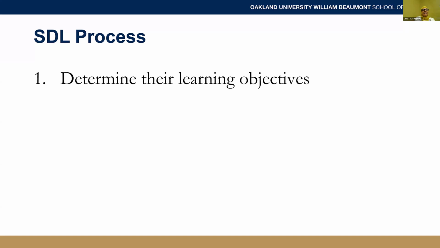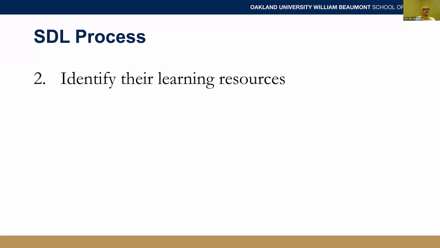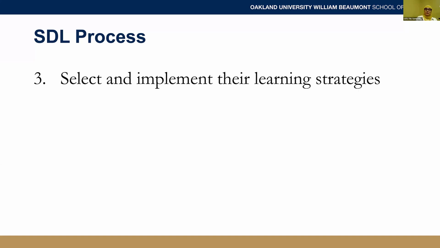The first step is that learners have to determine their learning objectives. So you leave learners to determine their learning objectives, to identify their learning resources, and to select and implement their learning strategies.